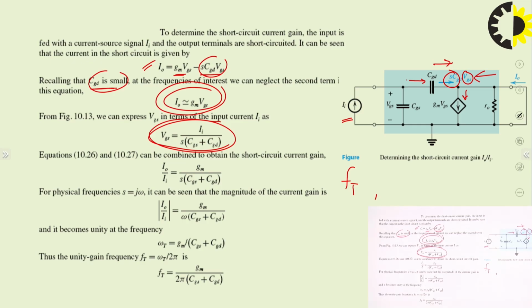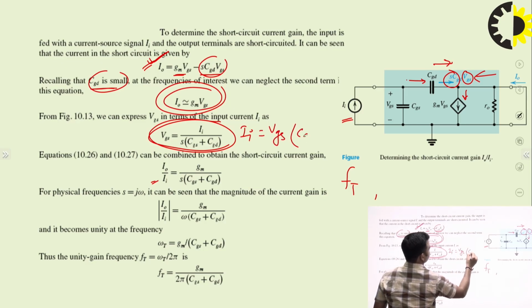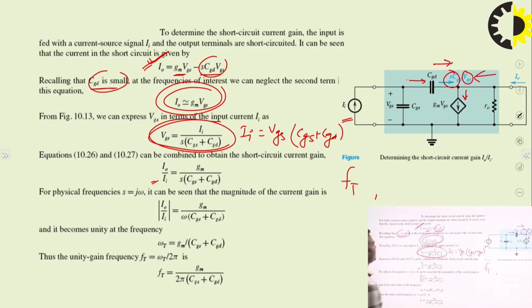So we can say that VGS is equal to Ii upon s(CGS plus CGD). I0 we have found out already. Ii can be found from this, because Ii will be the multiplication of VGS and s(CGS plus CGD). If you put this here, then VGS and VGS cancel out and you get I0 upon Ii equal to gm upon s(CGS plus CGD).